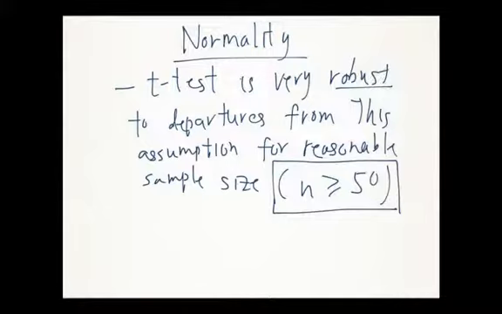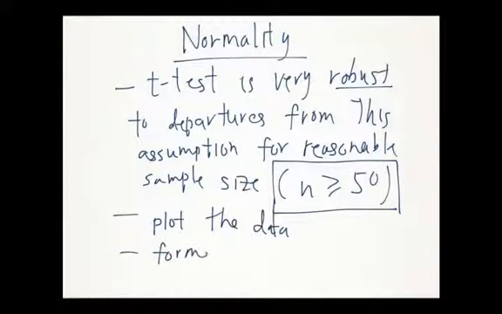But in any case, how would we assess this normality assumption? Well, we can plot the data, see if it looks normal. We can do a formal statistical test. Those are usually the available options.